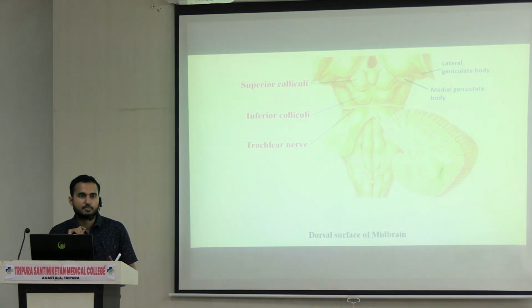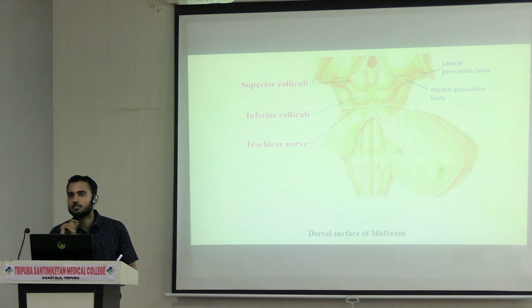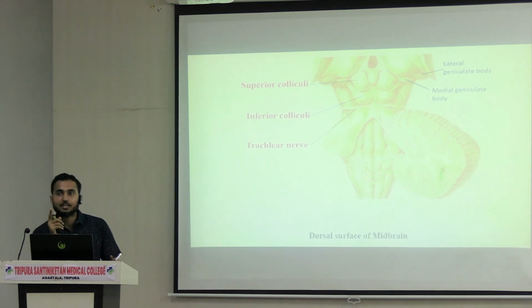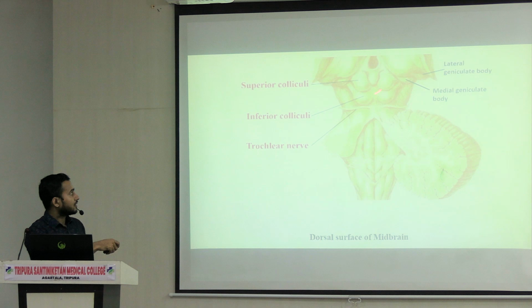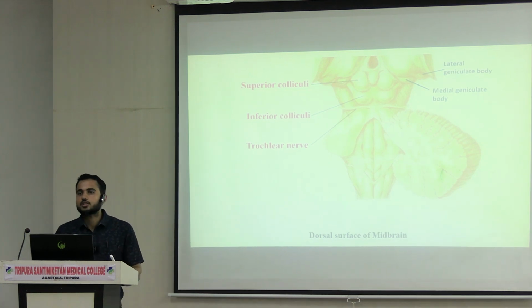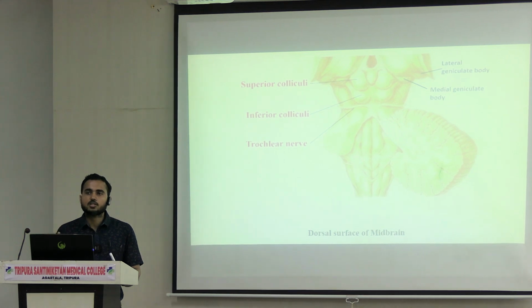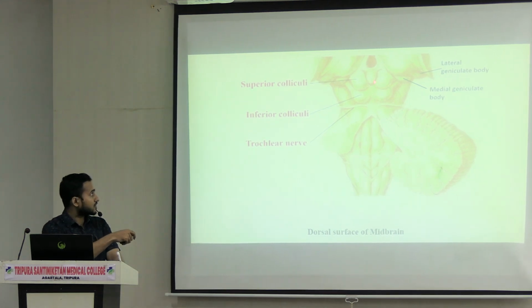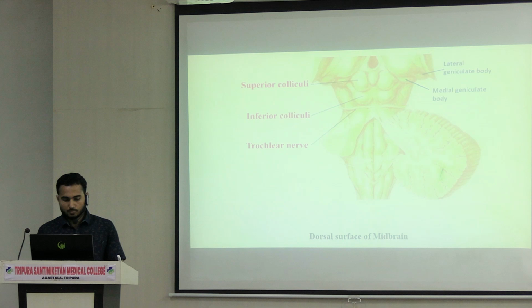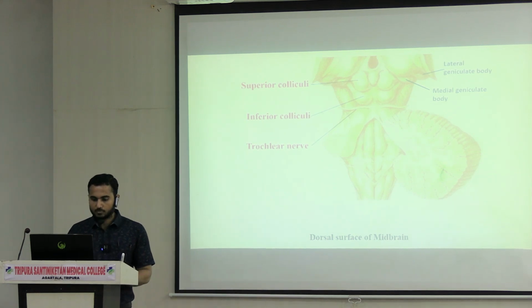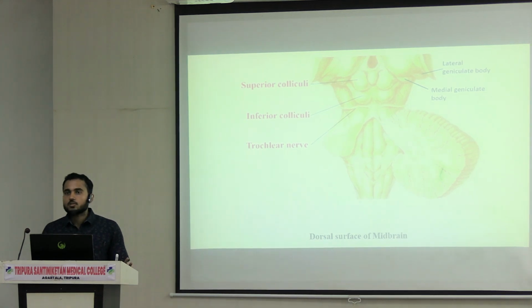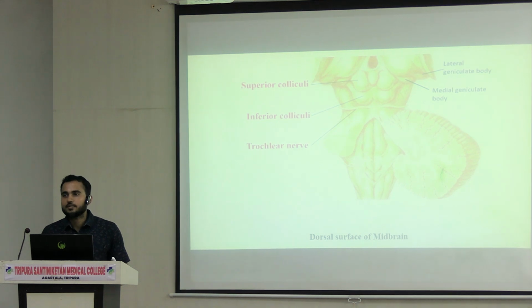Very important fibers are passing through this pathway, and that is part of the brainstem, the posterior surface of the midbrain. So the posterior surface of the midbrain appears like this. That is all about the external features.